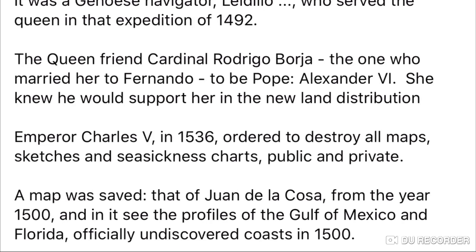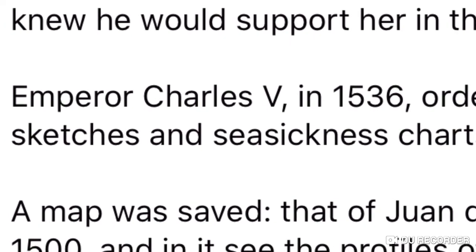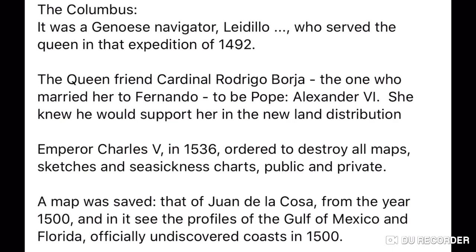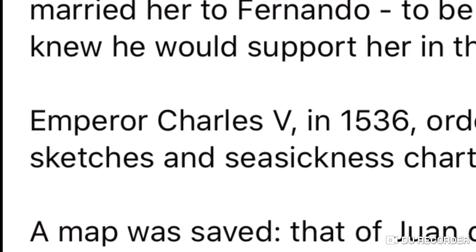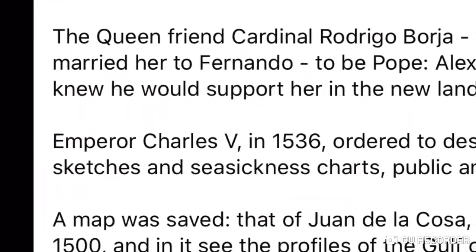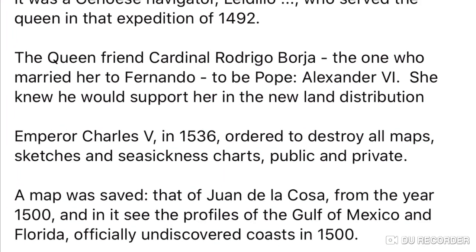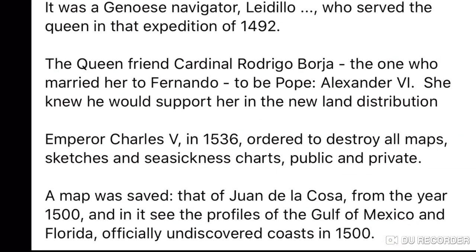Emperor Charles V, and that's the reason why we no longer got that map, in 1536 ordered to destroy all maps, sketches, and sea charts, public and private. And he did that especially the Americas, because that's where he been at. That's where he ruled most of the lands, and I believe he ruled all of Europe too from America.